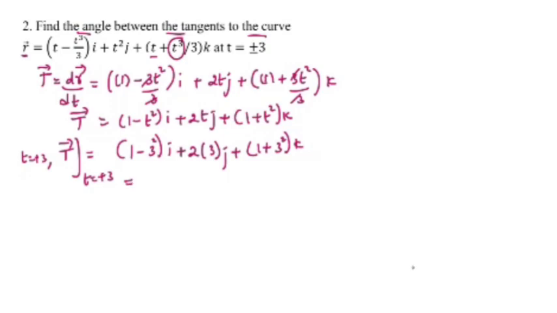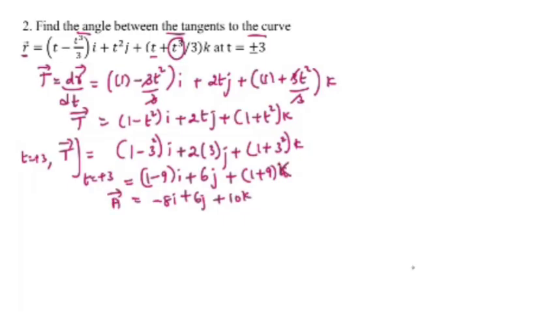Now 1 minus 3 square is 9, i plus 2 threes are 6j plus 1 plus 3 threes are 9k. So now it will be 1 minus 9 will be minus 8i plus 6j plus 9 plus 1 will be 10k. So this will be your first value, that will be called a vector.